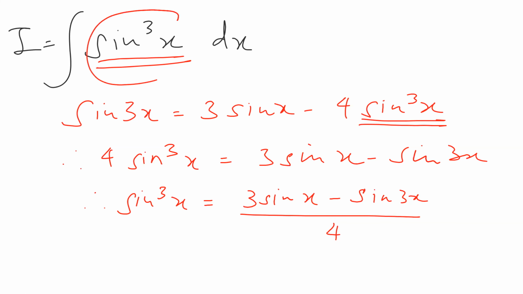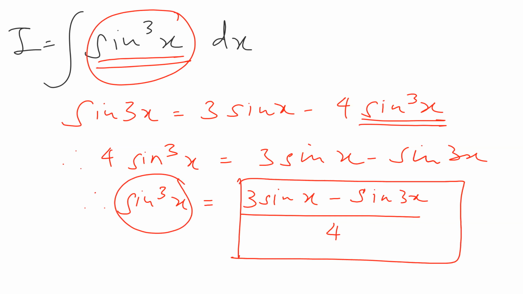So in place of sine cube x, I am going to substitute 3 sine x minus sine 3x upon 4. So for sine cube x and cos cube x integration, we will use the triple angle formula.